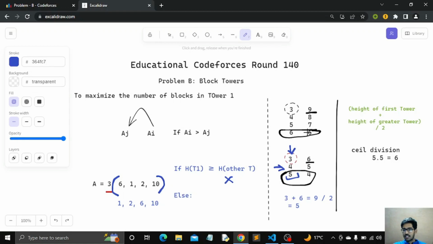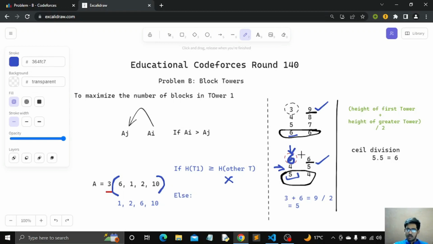Now as both the heights are equal, we cannot perform this operation again. Now let us say we are considering some other tower which has height 6. As the updated height is 6, we cannot perform any operation with this tower which has height 6, because we first considered the tower with greater height. So as you can see here, we cannot transfer any number of blocks to this updated tower 1 height.